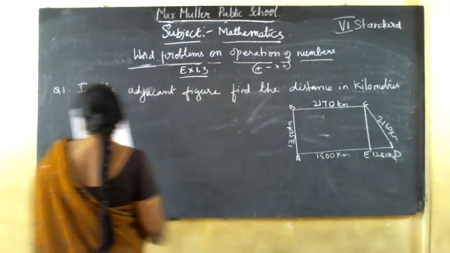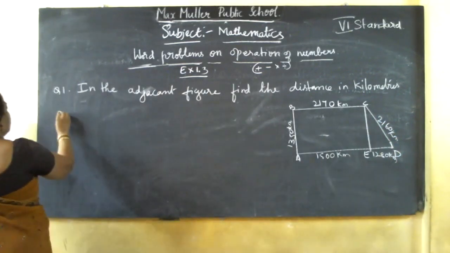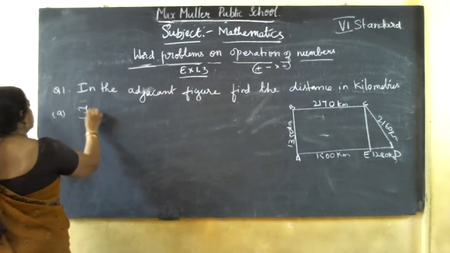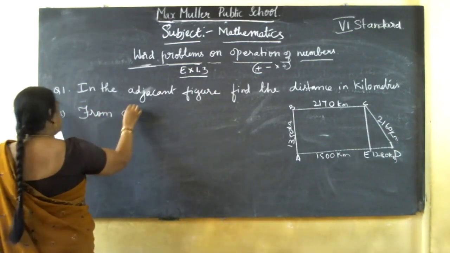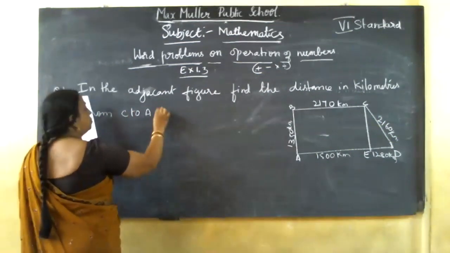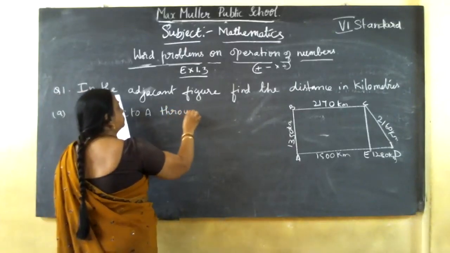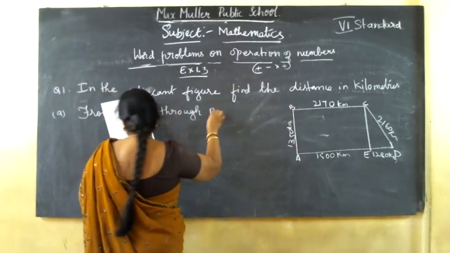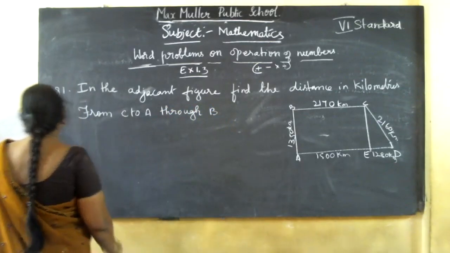So first one, A1, from C to A through B. Okay, A question.